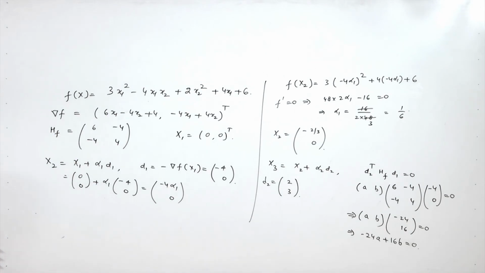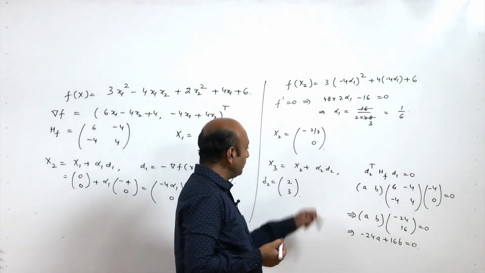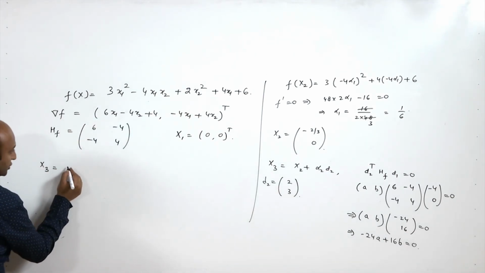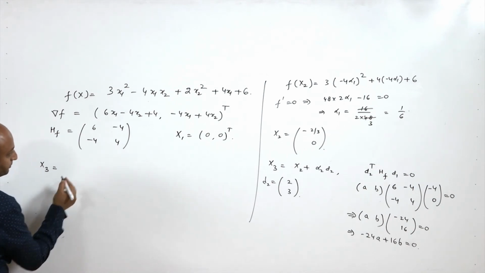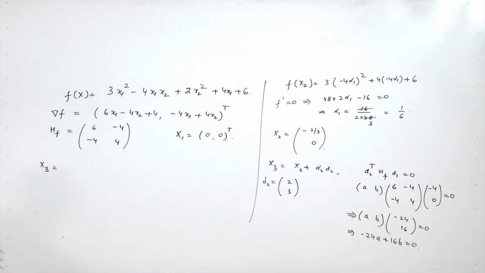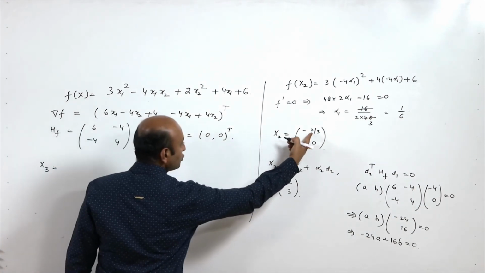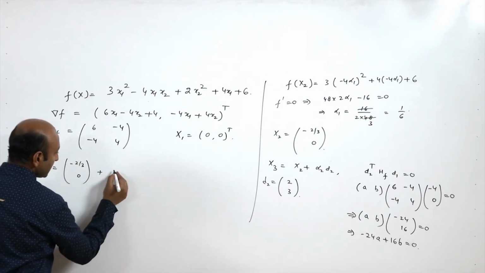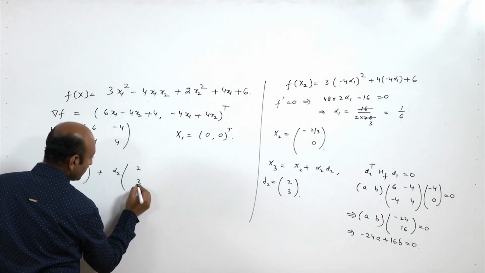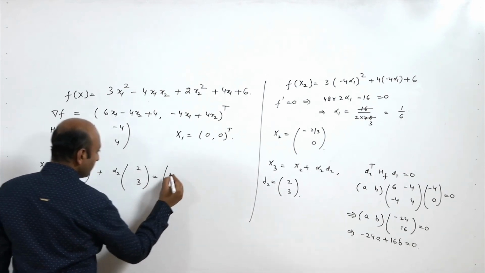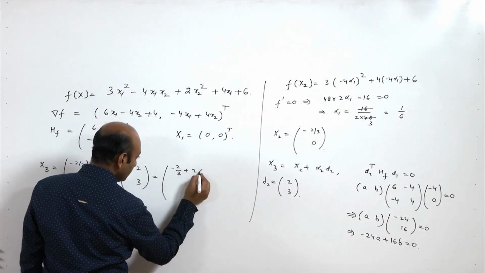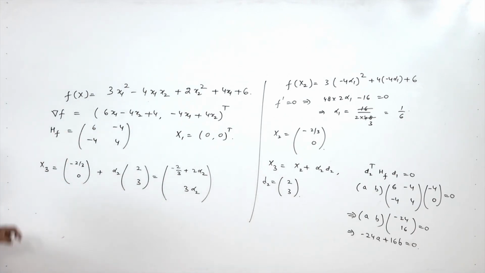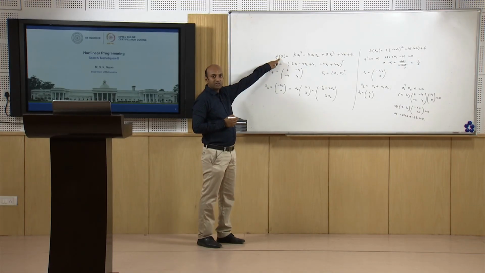And again, to find alpha 2, what will be x3? Now, x3 will be x2, which we have just found, it is (minus 2 by 3, 0), plus alpha 2 into d2, which is (2, 3). So, that is (minus 2 by 3 plus 2 alpha 2, 3 alpha 2). And again we will substitute this x3 in this function.